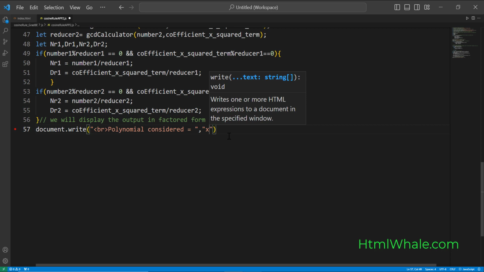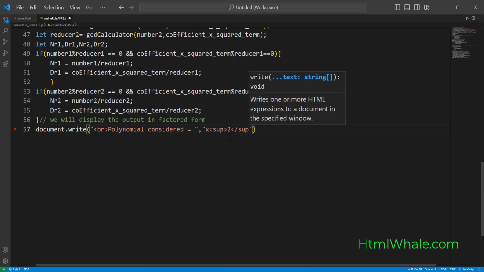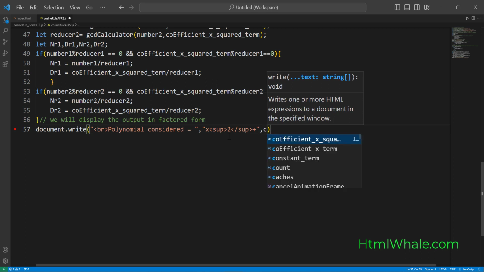So this is the code or the application for targeting the polynomial that I had shown you in the start. So x squared is always going to be there. So I will just place x squared there. But the coefficient of x will change. So this is going to be the coefficient of x.